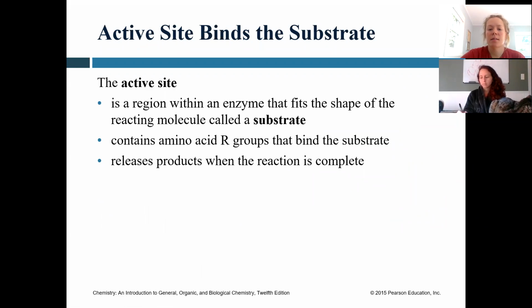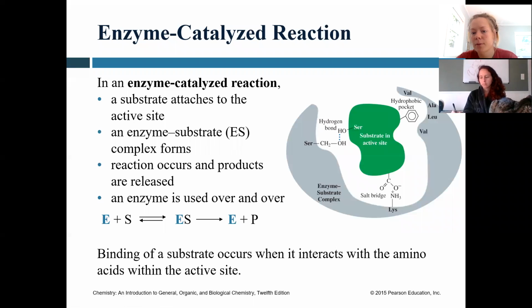It will release the product whenever the reaction is complete. And again, this is a very simplified definition, but this is what the enzyme catalyst reaction looks like. We have the enzyme, which is represented with an E. We have the substrate, which is symbolized by an S. And these two things are separate.